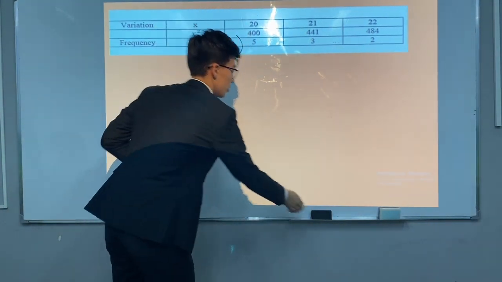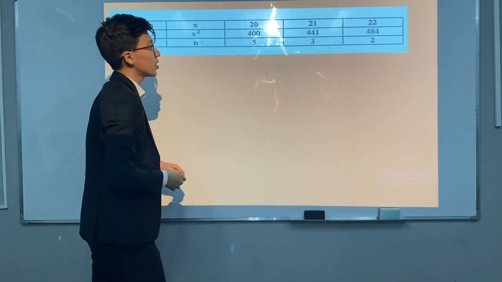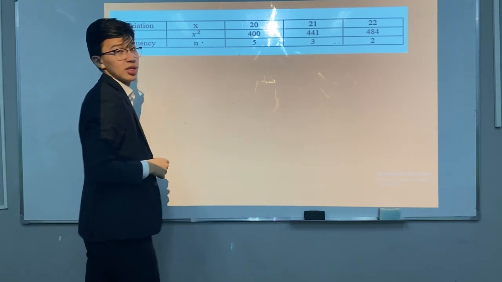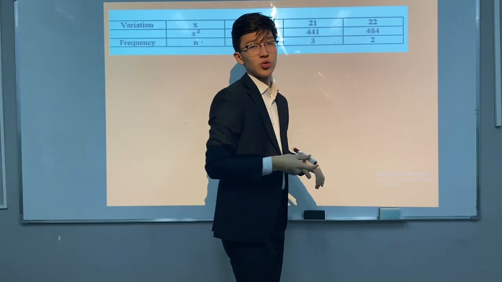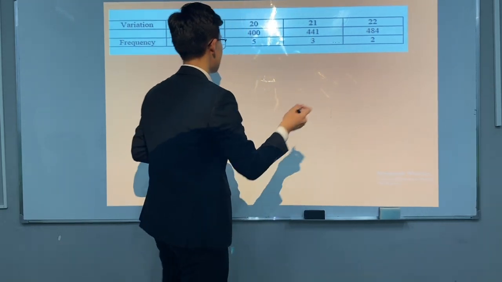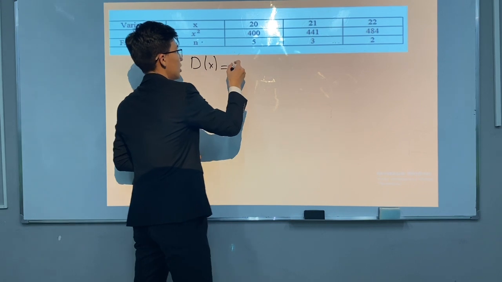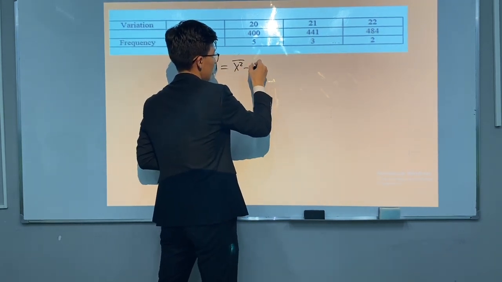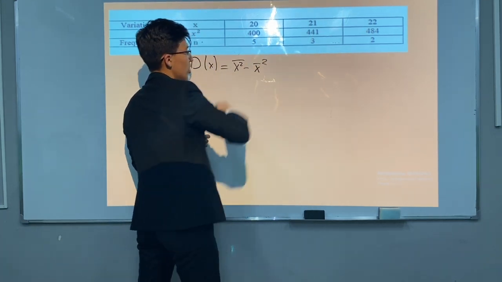And here, just let me remove it. You clearly see that the variation, which we denoted with x, is 20, 21, and 22. As I said, the formula of the dispersion is x squared minus the square of our average value.